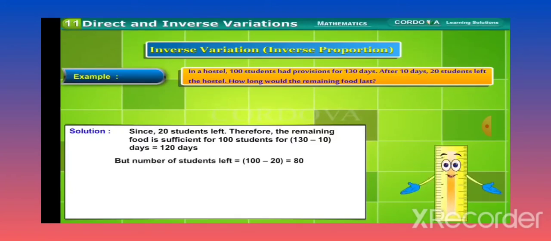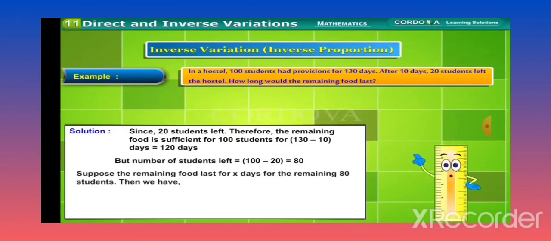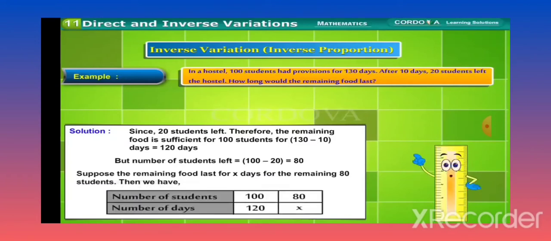But the number of students left is 100 minus 20, which is 80. Suppose the remaining food lasts for x days for the remaining 80 students, then we have number of students 100, number of days 120, number of students 80, number of days x.